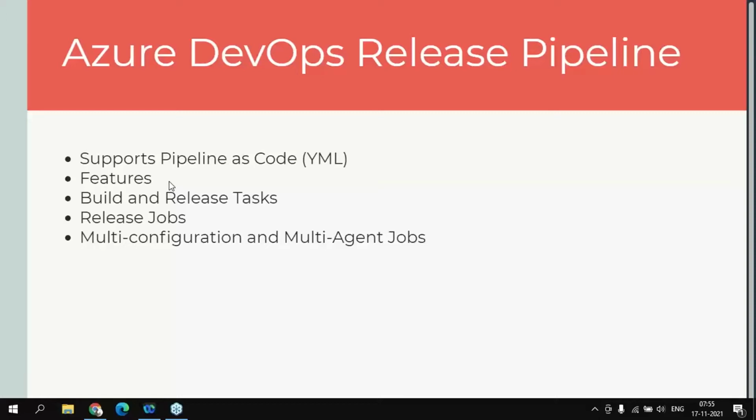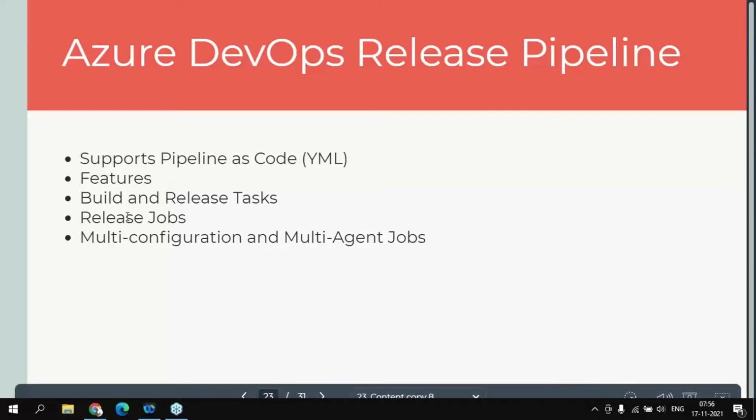From the pipeline, it is broken into stages, and under the stages we will have many jobs. And then the job will have many tasks, so each and every unit of work. For example, downloading the artifact and then copying the artifact to the deployment platform, those things are the build and release tasks.